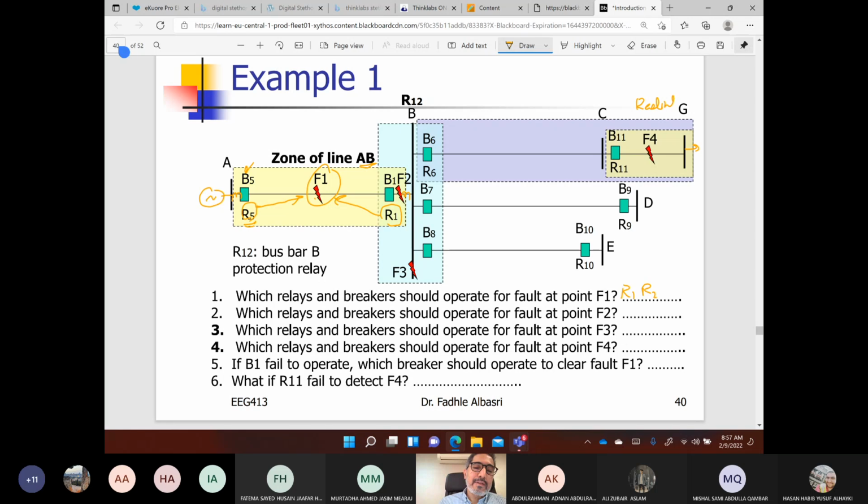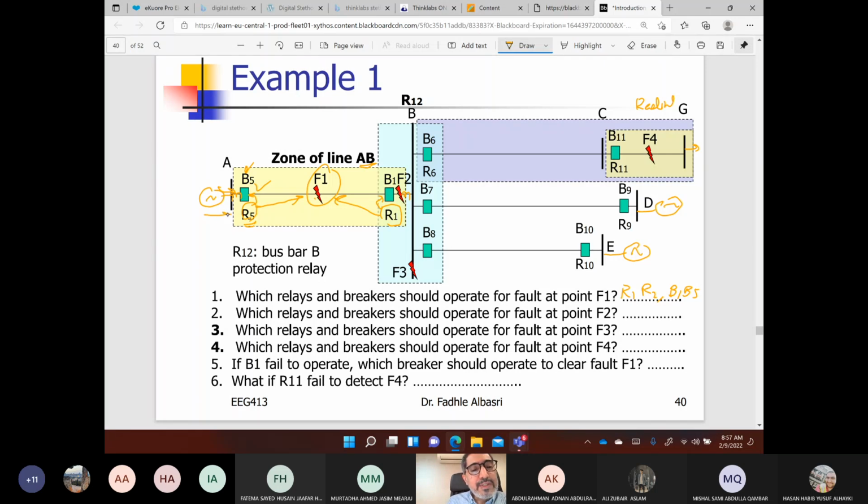As a result, they will give a command to the circuit breakers B1 and B5 to operate. Once breakers 1 and 5 operate, this fault will be cleared because there will be no current from this end. I'm assuming I have a source here and a source here, because opening this breaker is not sufficient.